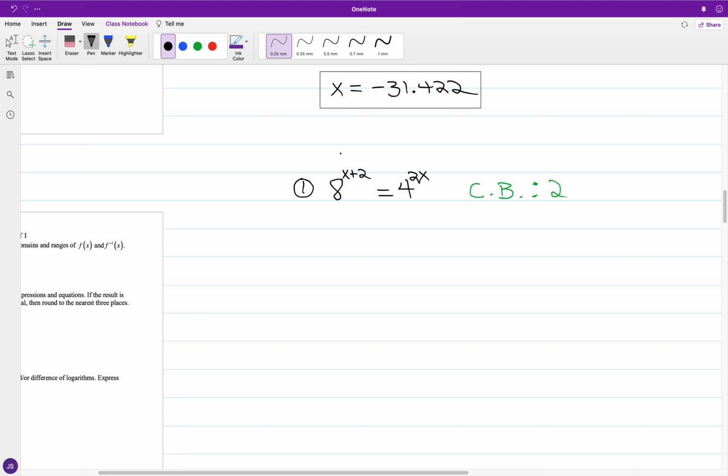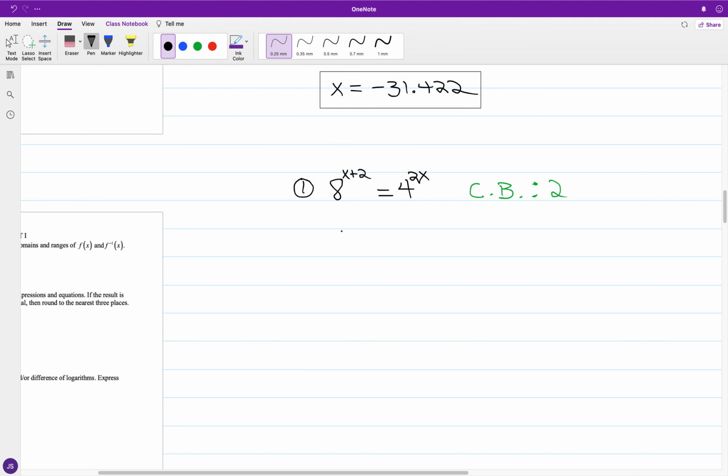And the answer to that question is yes. It would involve more steps, it would be more entailed in terms of getting to x, but if you perform the algebra correctly, you will get to the right result. But acknowledging the common base and writing in terms of that common base will save you quite a few steps. Now, for 8 and 4, we have a common base of 2.